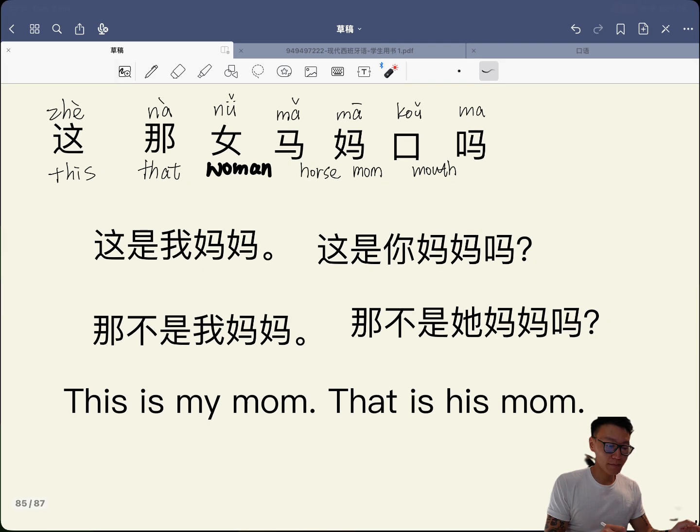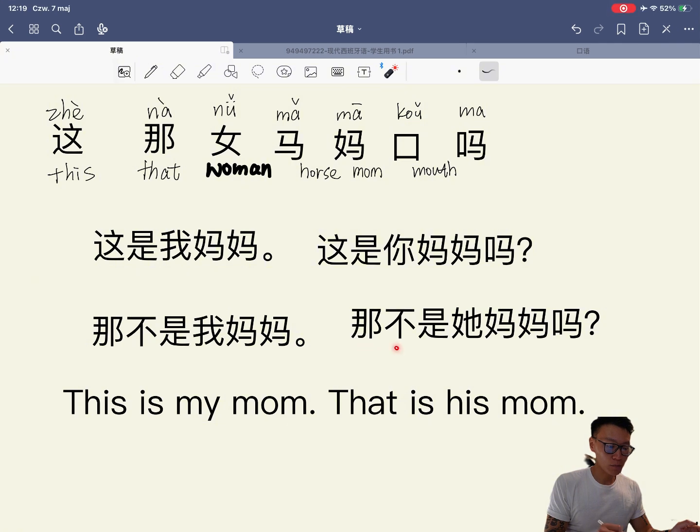Okay, now the last one. Repeat after me. 那不是她妈妈吗? So, isn't that her mother? Okay, please pay attention here.